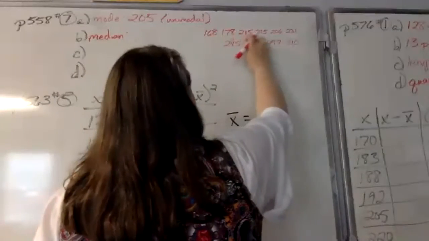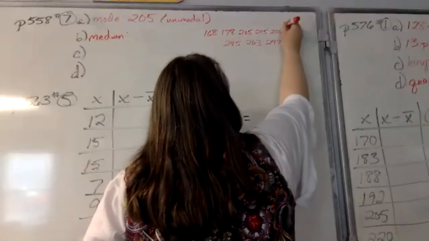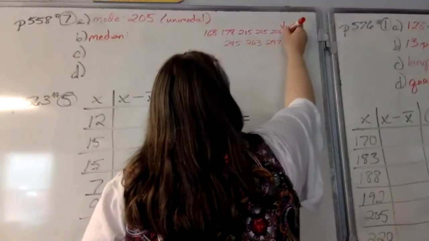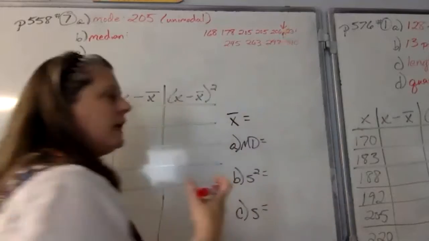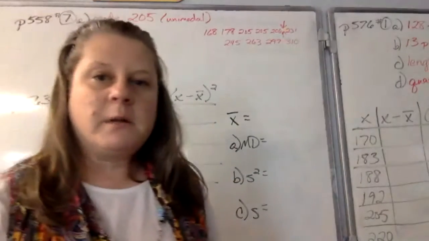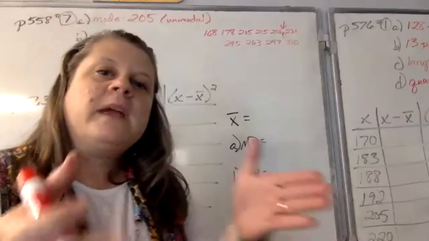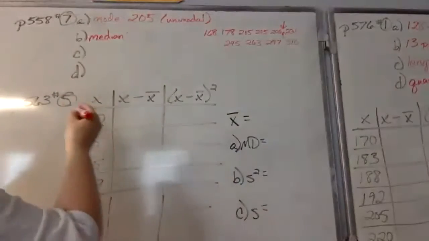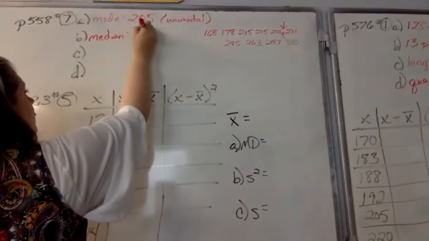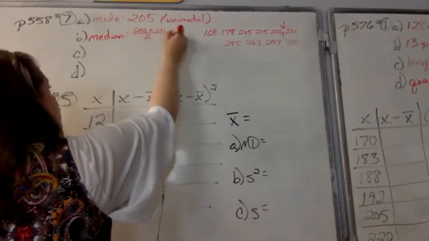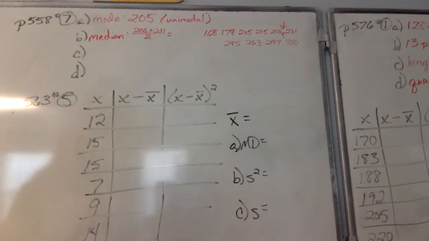Here's 1, 2, 3, 4, 5. And then there's 1, 2, 3, 4, 5. So the middle number would be between my 5th and 6th number in my list. So the way to find out what number that would be is we average them together. So we add those two numbers, 206 and 231, and we divide it by 2, and that's going to be our median, our middle number.